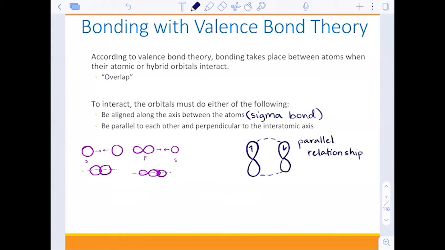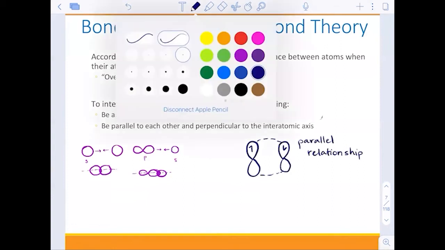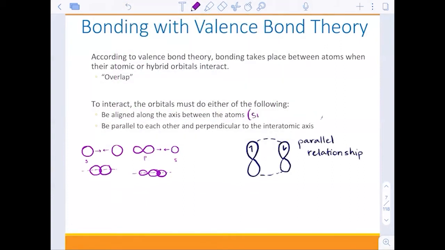It's that direct overlap. Here, I'll change the color so that it's back to the purple. It's that direct overlap of atomic orbitals, sigma. Also abbreviated with the Greek symbol sigma.